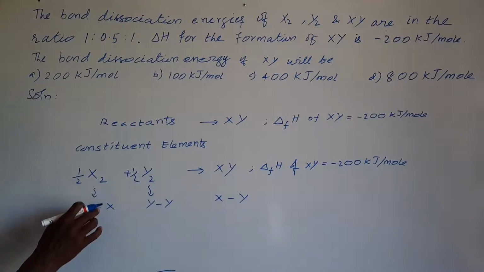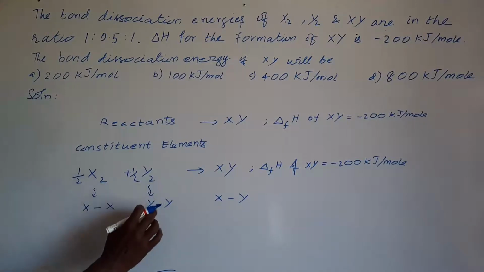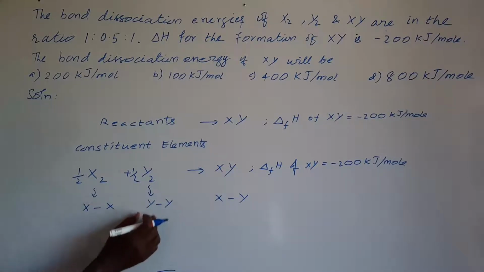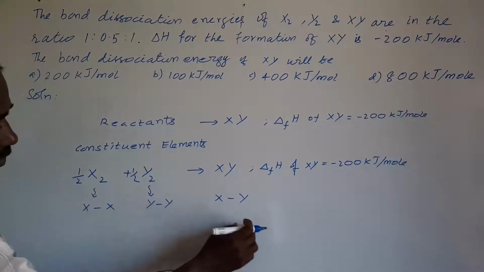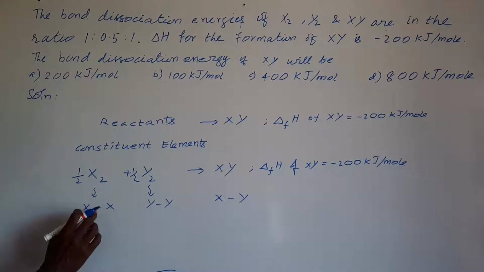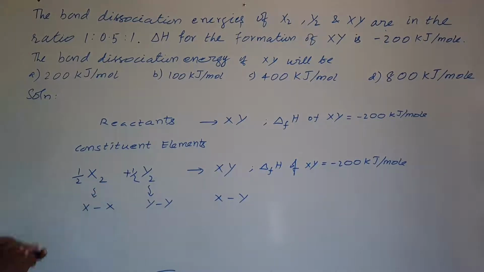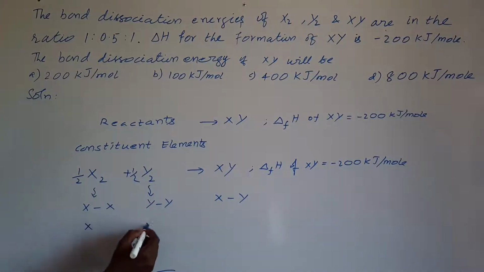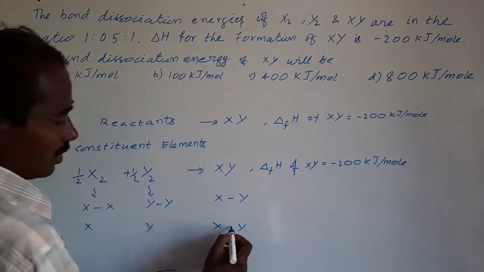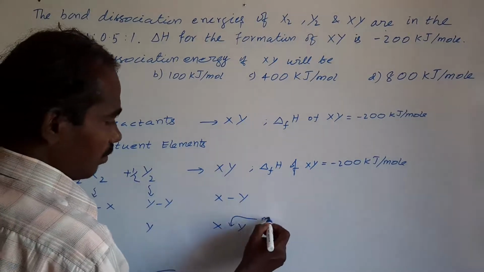Within X2 a bond is there, and within Y2 a bond is there. What should happen to this bond such that X gets free here and Y gets free here, and X and Y make a bond here?